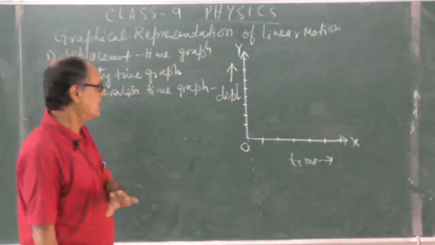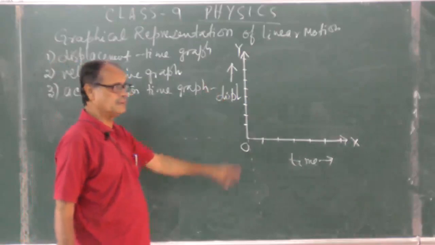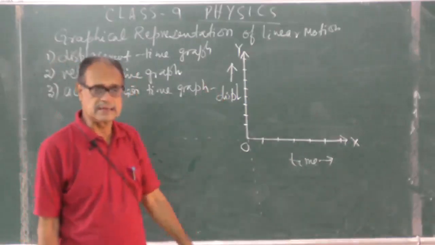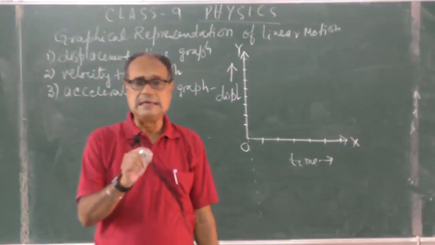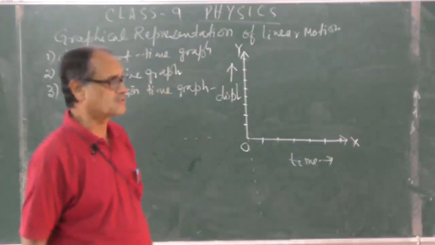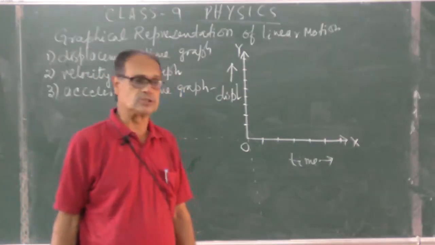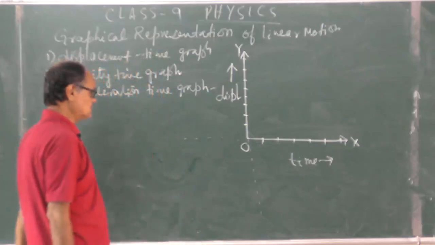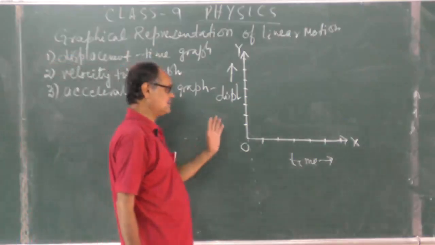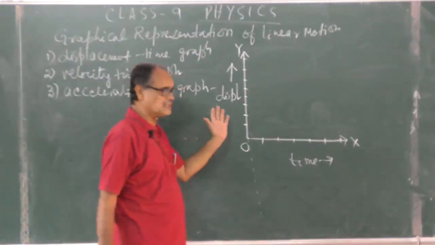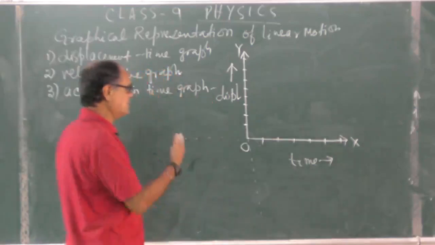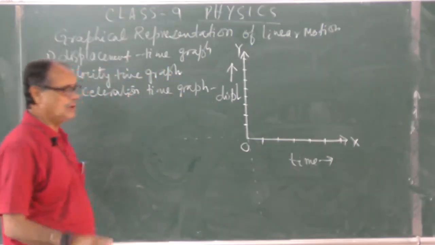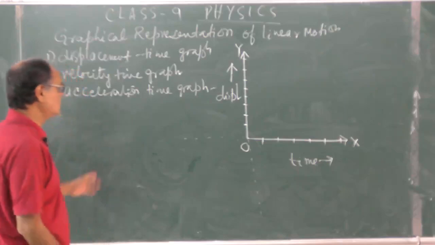Yesterday we did it, but here displacement and distance will be taken the same, because it is linear or rectilinear motion. So both get the same axis. I am taking the word displacement here; it can be distance also. So will be speed and velocity as well.